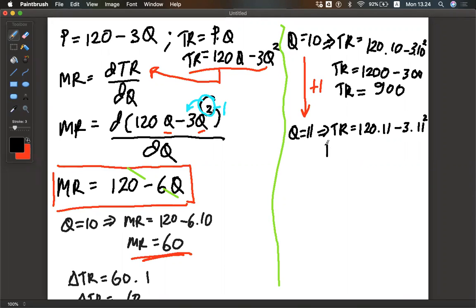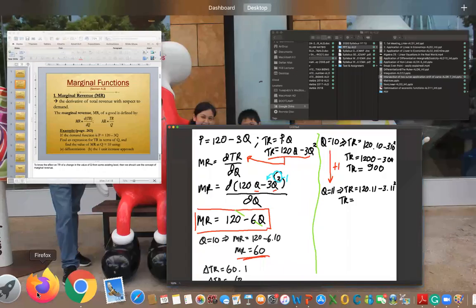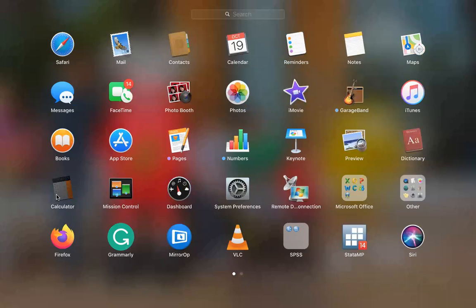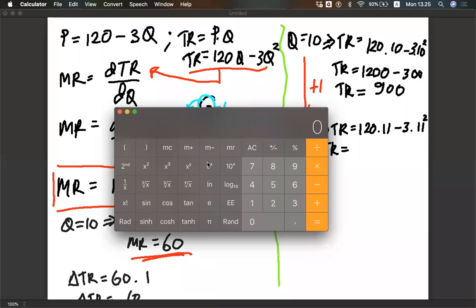And then the TR equals 120 times 11. The calculator. 120 times 11.